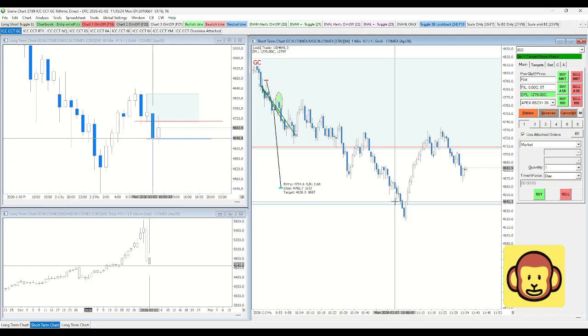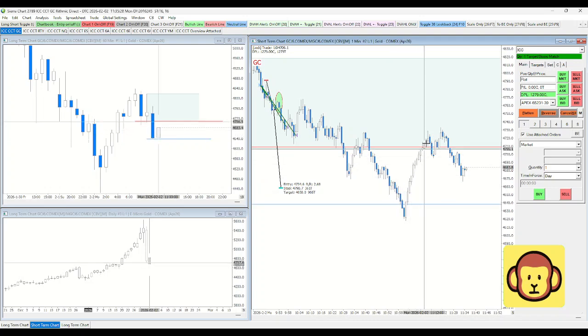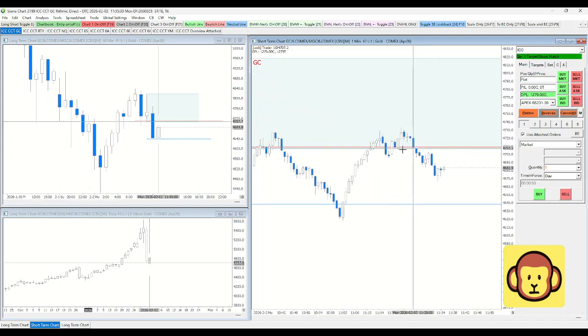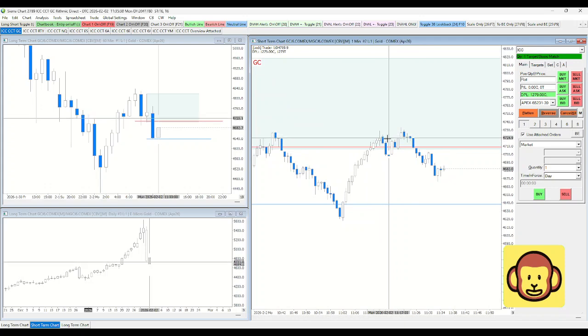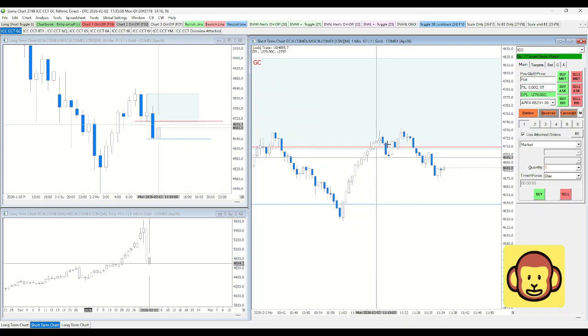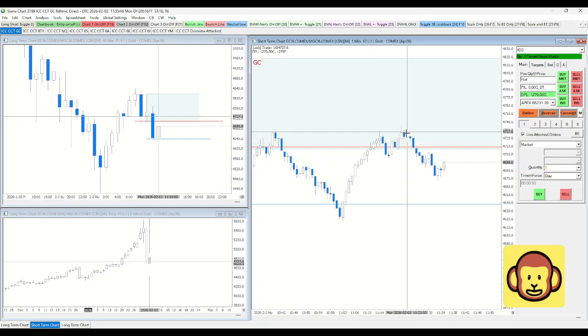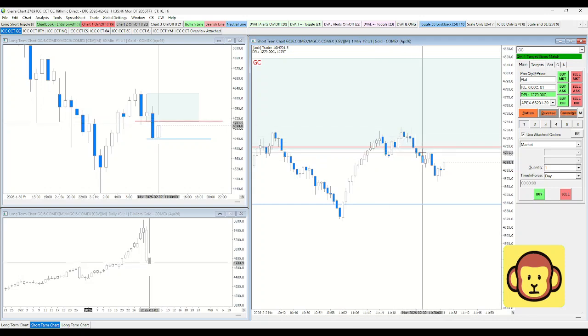That was the move down. Closed above, closed below, entered, stopped out. Closed above, closed below. It's an engulfing candle, taking out those lows. So yeah, I would have been stopped out on that one.